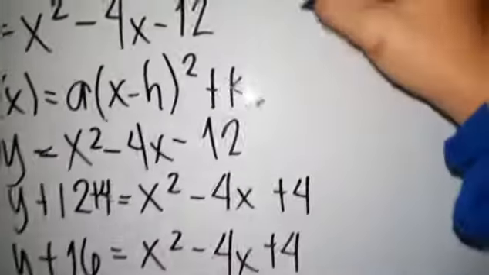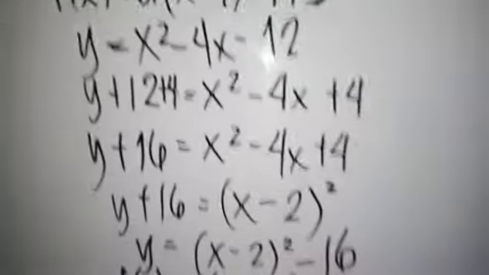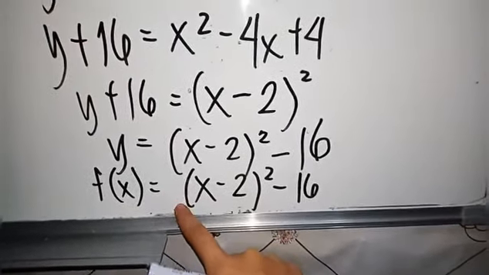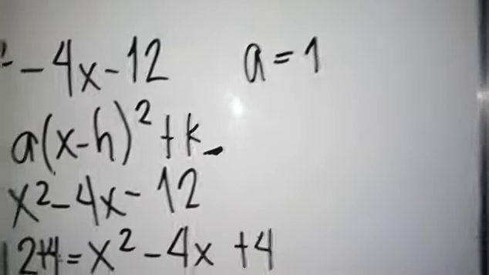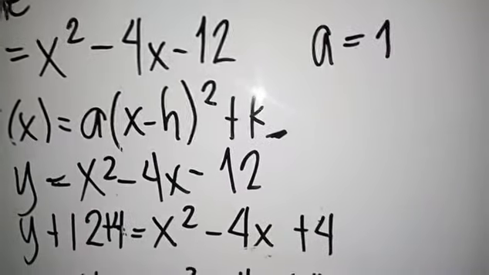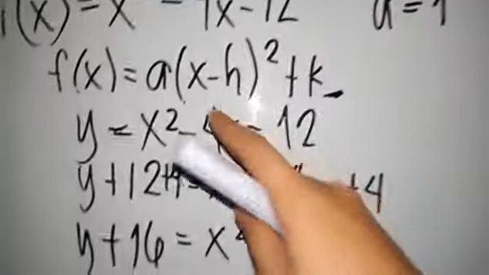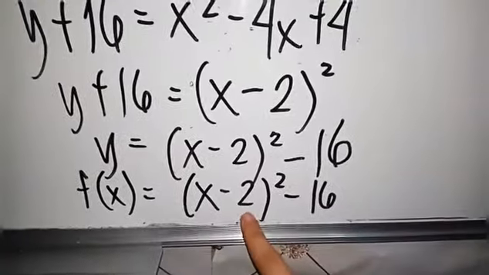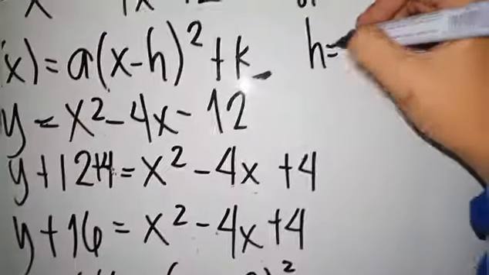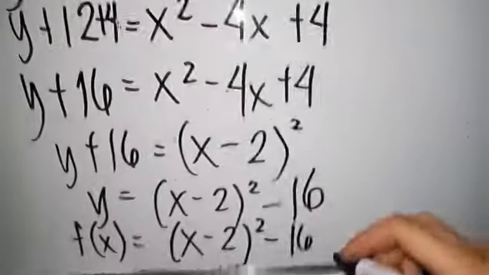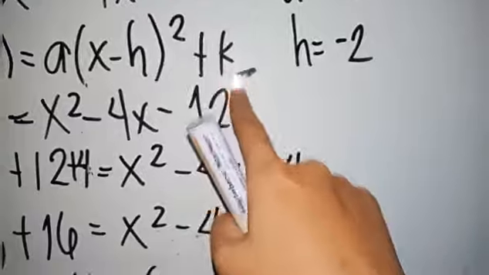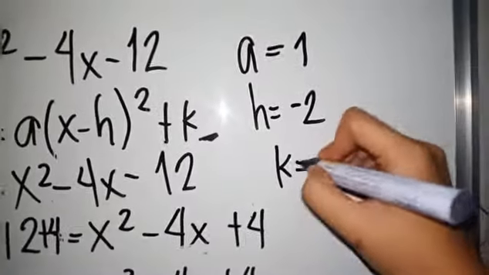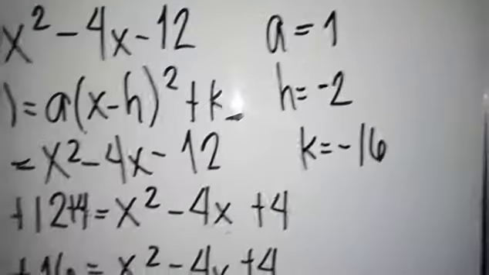Where yung ating a ay, since wala tayong constant dito, ilalagay na lang natin na 1 kasi invisible. 1 yun. Then, we have yung ating h. So, kung mapapansin nyo, yung h daw natin ay yung nandito. So, we have negative 2. So, yung h natin ay negative 2. Then, yung ating k dito ay negative 16.